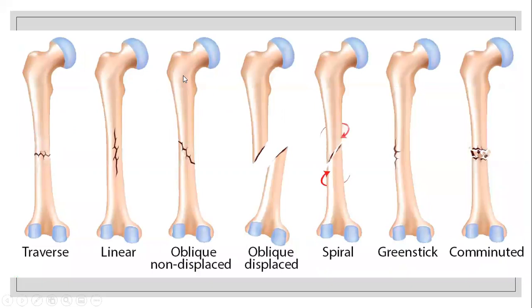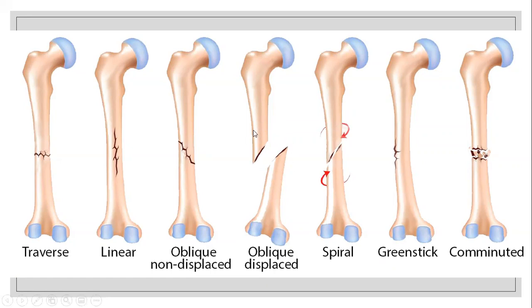So in this picture, we can see different kinds of fracture. If the fracture is like this, transverse, we call it a transverse fracture. If the fracture looks linear, we call it a linear fracture. If the fracture is oblique, we call it oblique but non-displaced.